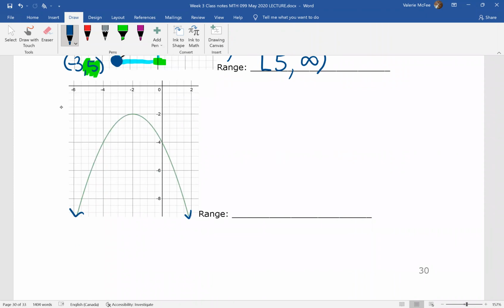All right. We had arrows on our parabola. What's the lowest point on this graph? Can you see that on both sides it's going down to negative infinity? That's the lowest point. What's the highest point?